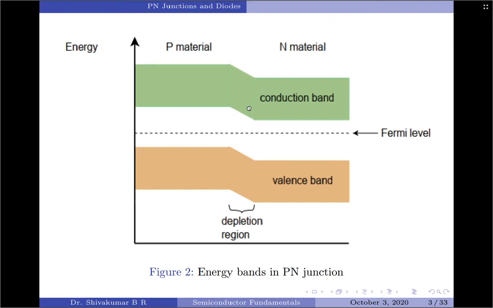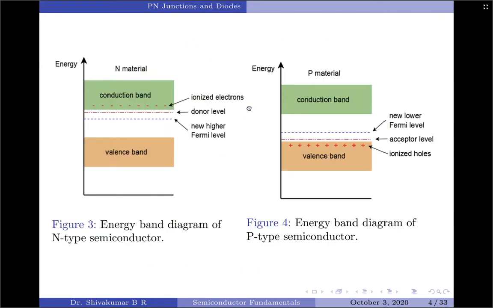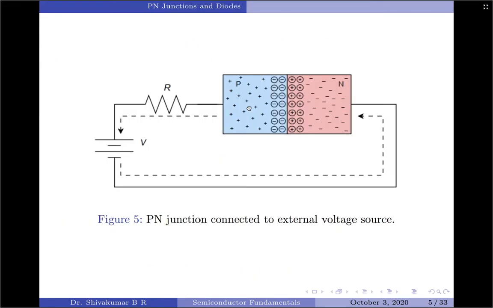Now, let us consider what happens if we were to connect this device to an external voltage source as shown here. Obviously, there are two ways to orient the p-n junction with respect to the voltage source. This version is termed the forward bias, and it is the one I am showing in the diagram here. The dotted line in the figure here shows the direction of the electron flow.